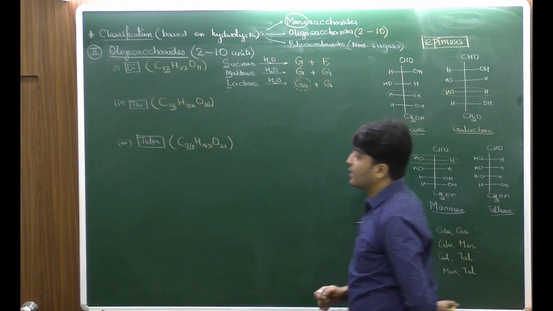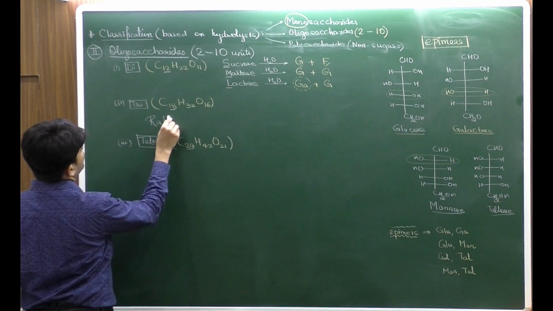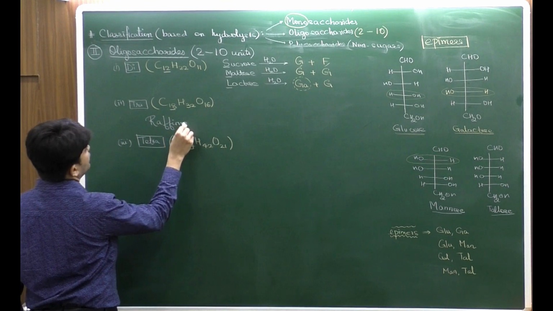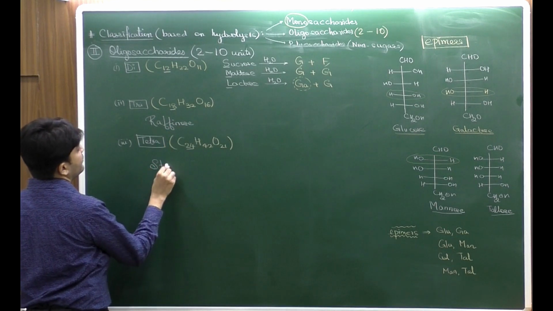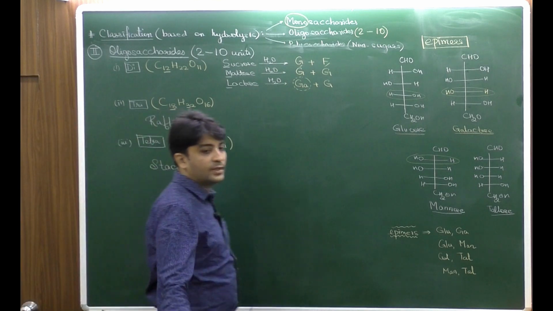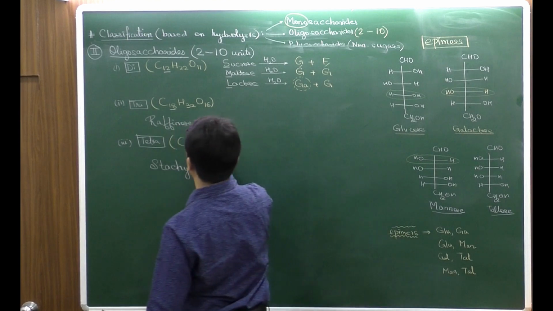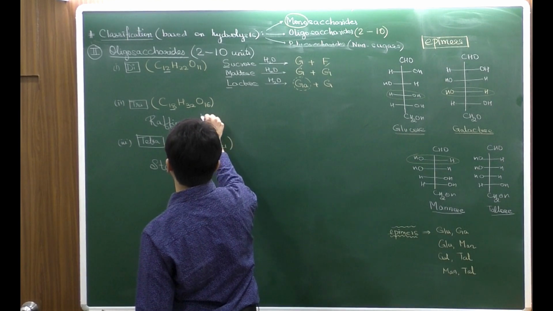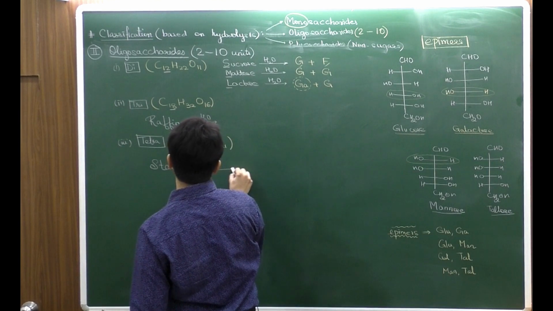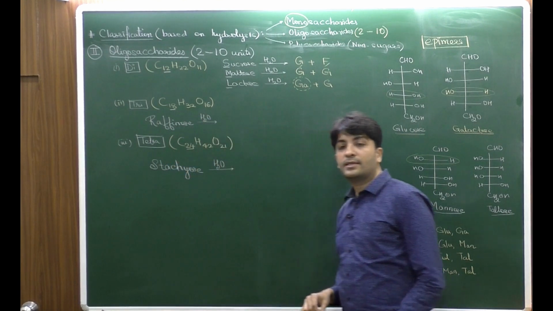Okay. In tri, the example of the carbohydrate is raffinose, and in tetra we have the example as stachyose. Now this on hydrolysis should produce 3 units and this on hydrolysis should produce 4 units. Correct?